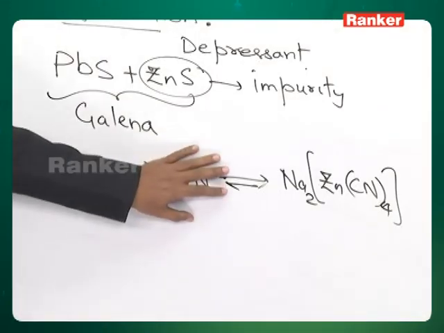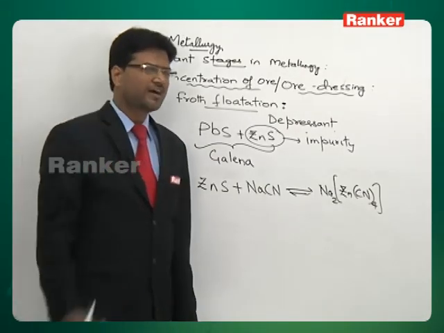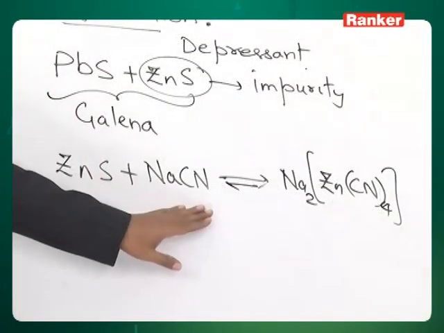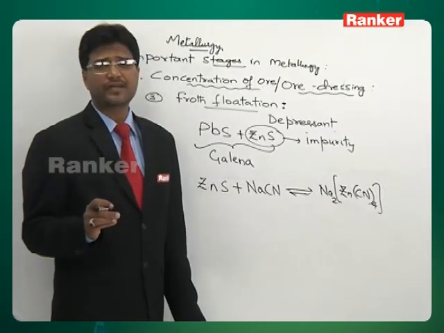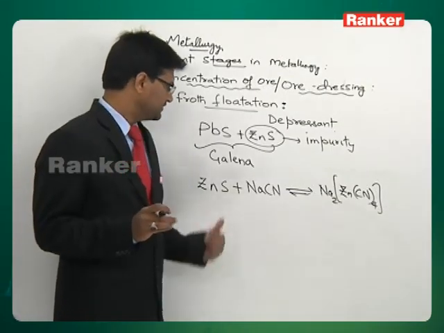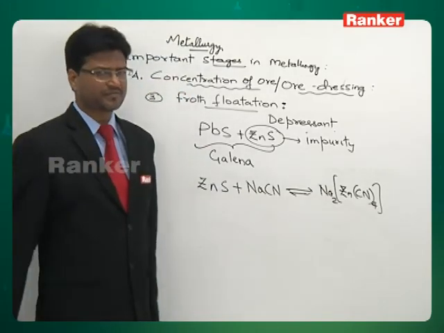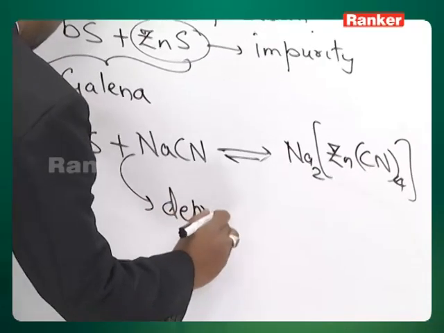If you don't use this, then both ZnS and PbS will stick to the froth and the separation of these two would have been very difficult. So, at this stage during froth flotation, we add NaCN and see to it that ZnS is transformed into a soluble substance. So, this is said to be acting as a depressant.